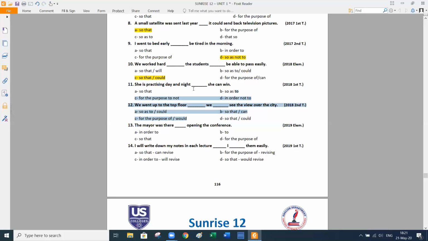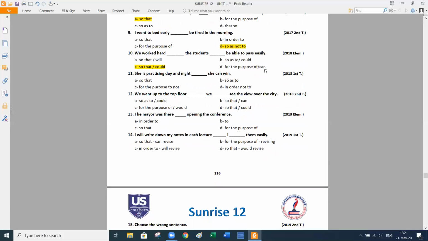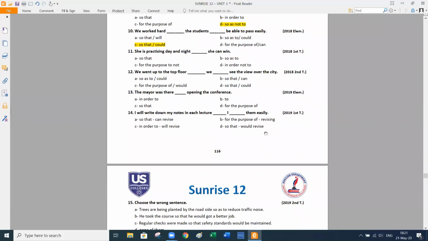Okay, the next one. She is practicing day and night, blank, she can win. She can. We have a subject and we have a modal verb. Again, there is only one possible structure, so that. I look at the choices and I see that so that is given in A only.